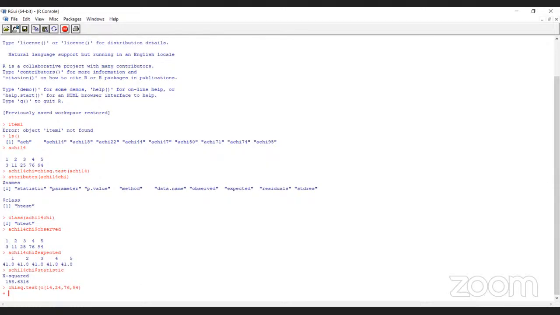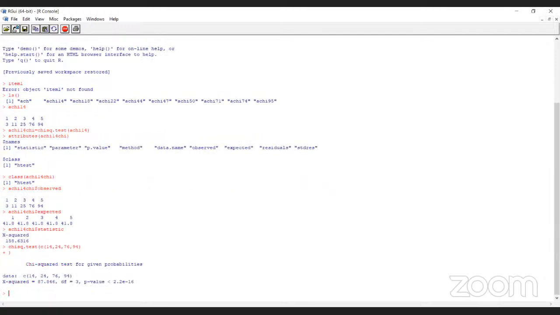Oh, another bracket. Two brackets are opening. So another closing bracket, then enter. So what have you noted? The chi-square value? Yeah, it decreased from 158 to 87. Okay.